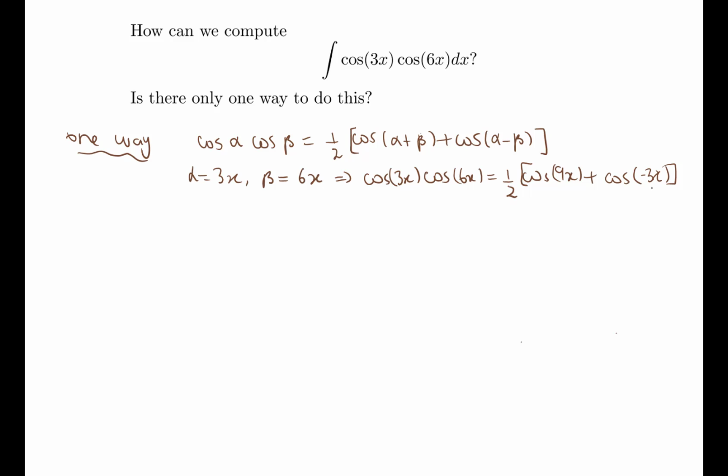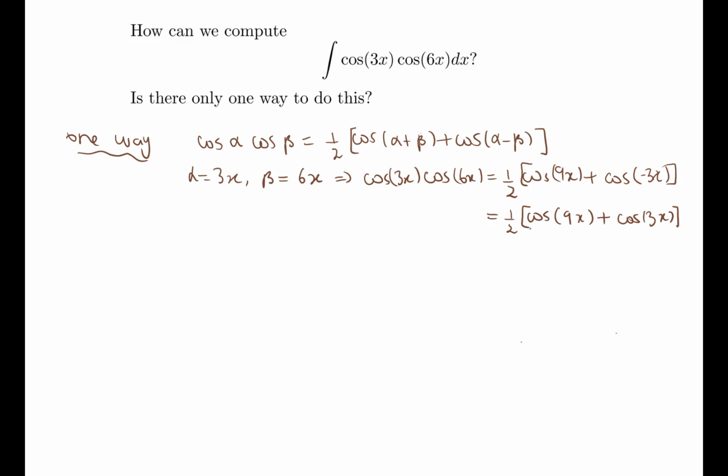And we have that cosine is an even function. So the cosine of an angle is the same as the cosine of minus the angle. So we can replace minus 3x by 3x this way.